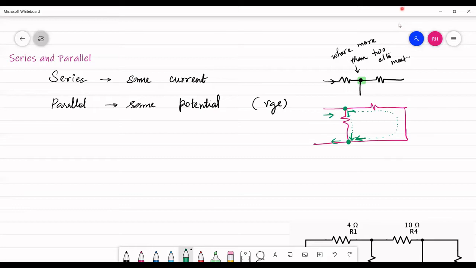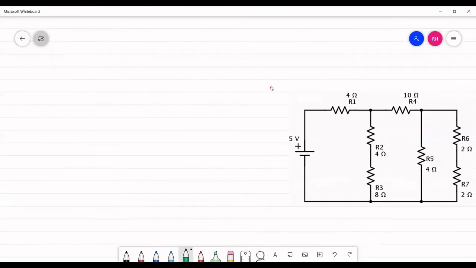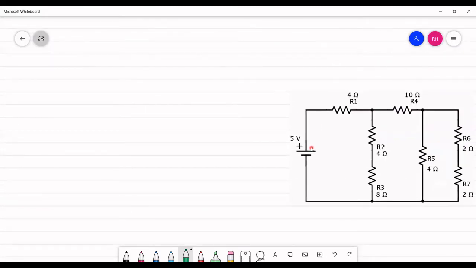So let me explain series and parallel connection using simple circuits. Let me take this problem. Originally current is going to come out of this voltage source. It is coming here, and as this current comes to this node, it gets split into two.